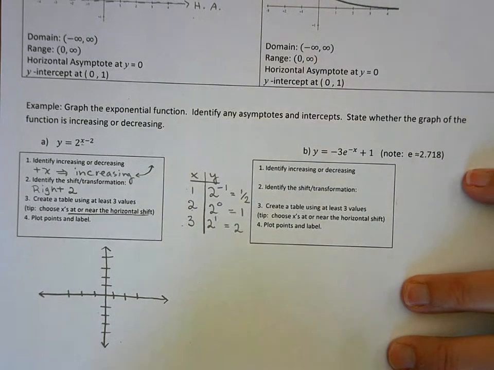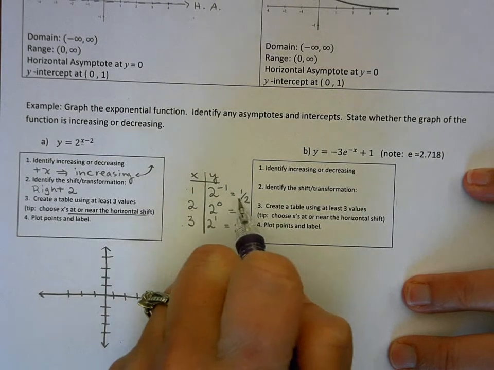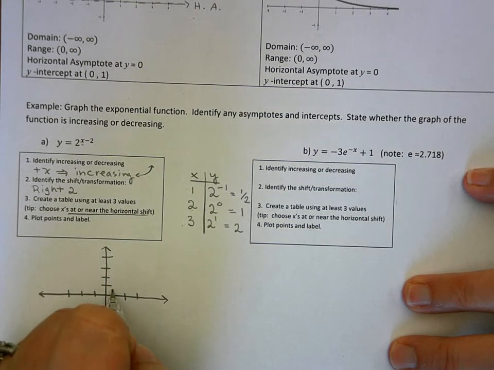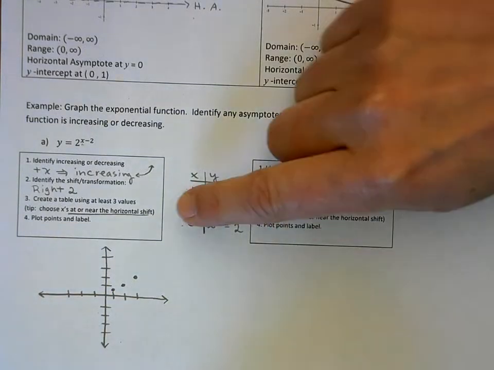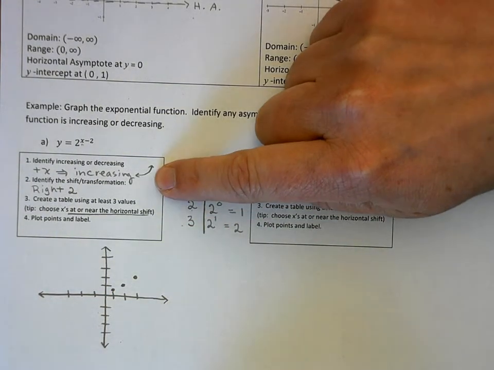Okay, and so plot my points. I go over 1, up 1/2, and then over 2, up 1, and then over 3, up 2. And again, I know the basic shape of the graph is like that.